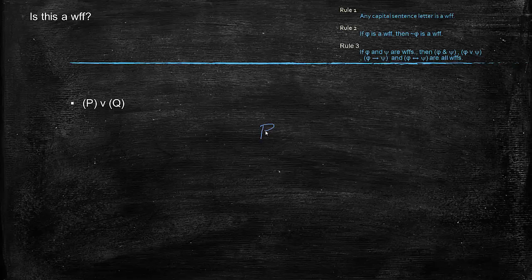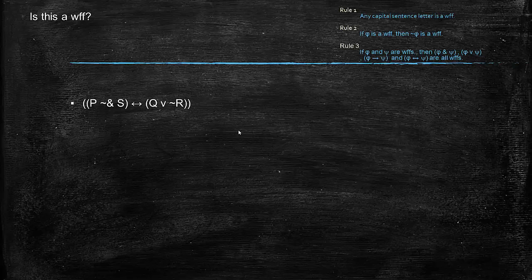P is a woof. Q is a woof. Is this a woof? Nope. There's no rule that permits either of those. Not a woof. Getting the idea?